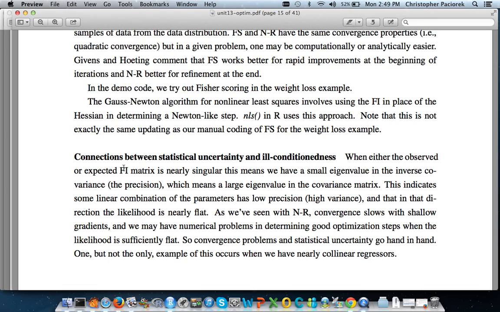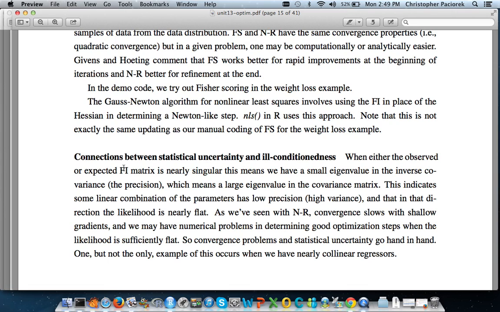If I think about what that means from a statistical perspective, it means I don't have a lot of information in the data that says this value is better than this value is better than this value, but I do have a lot of information in the data that says this value is better than this value is better than that value, because of the contours of the objective function that we're optimizing here. So oftentimes the cases where you're going to have problems with positive definiteness of the Hessian matrix are cases like this, where it's very shallow in one or more of the directions.